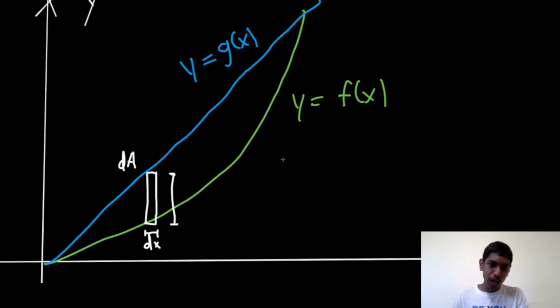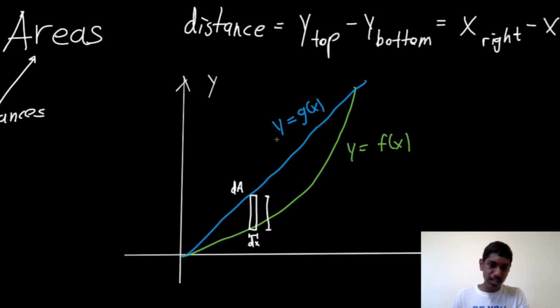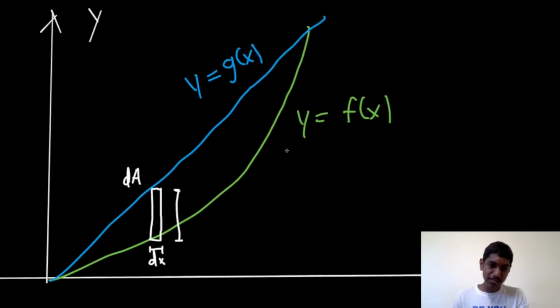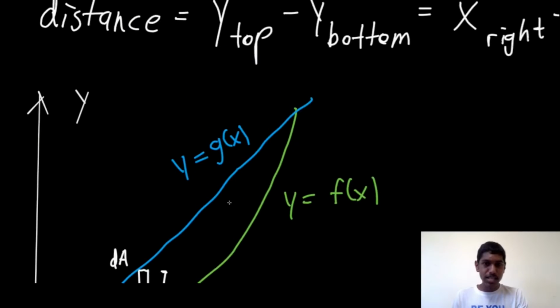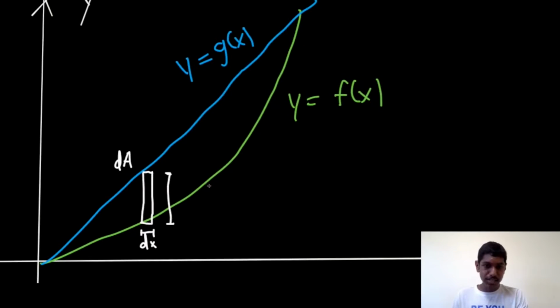So we have the y coordinates of every x value, right? That's what y equals g of x means. At this x value, we're going to have a y coordinate. So at any x value, the vertical distance is going to be g of x, which is the top function, minus f of x, which is the bottom function.